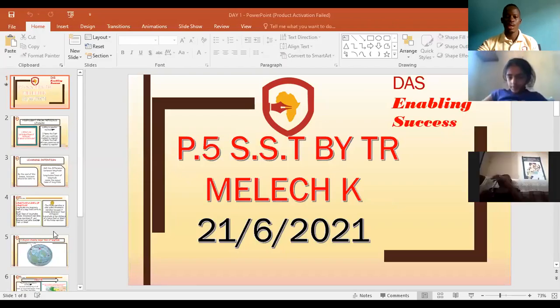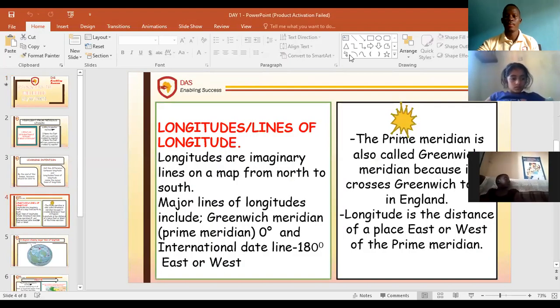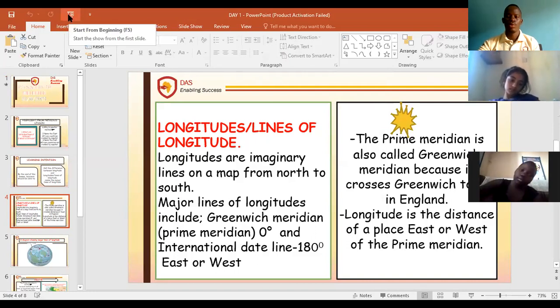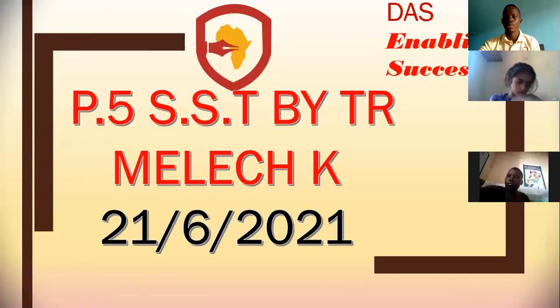Today, we are supposed to learn about longitude and lines of longitude. Clear? And now we say that longitudes, which we can also call lines of longitude, are imaginary lines drawn on a map from north to south.